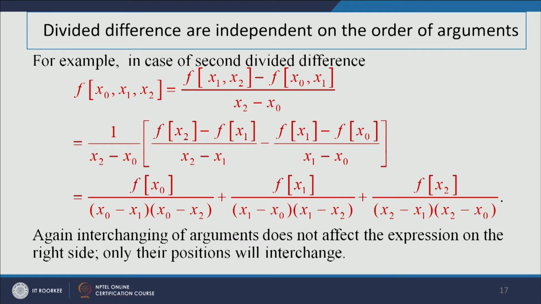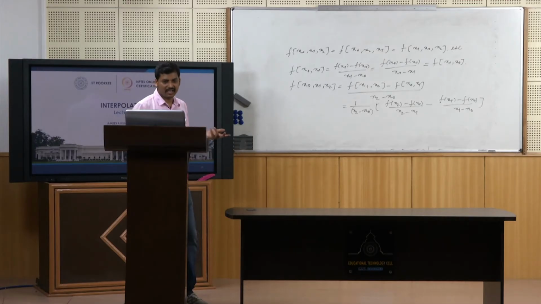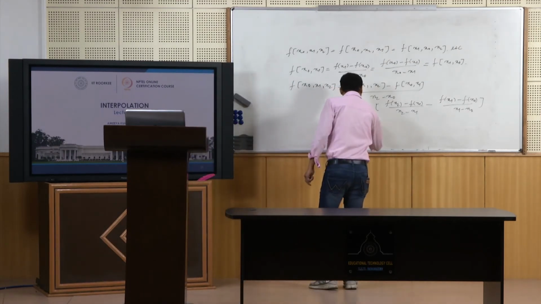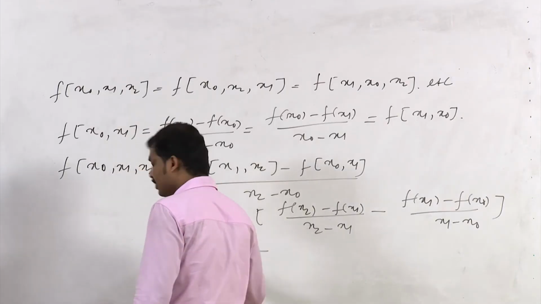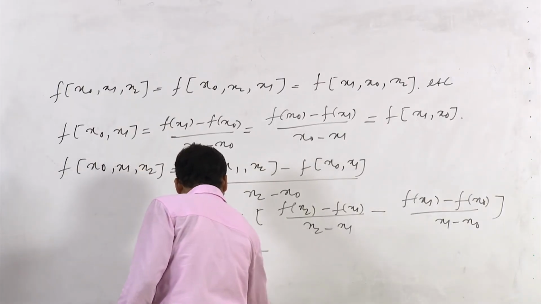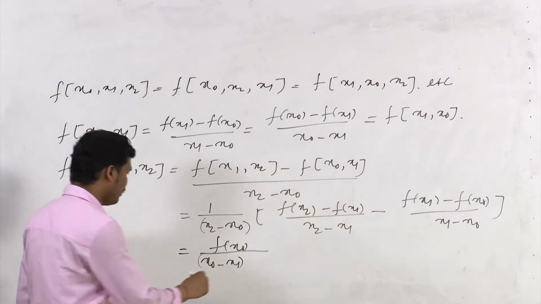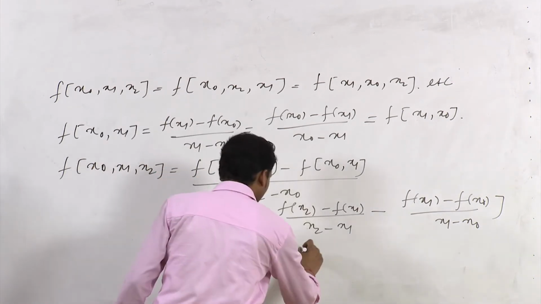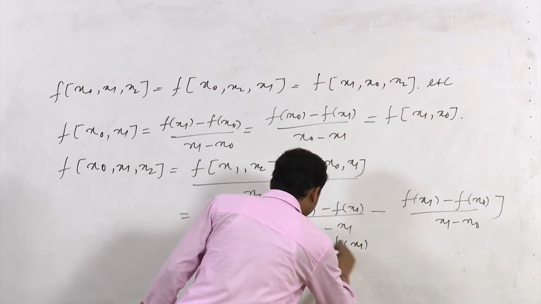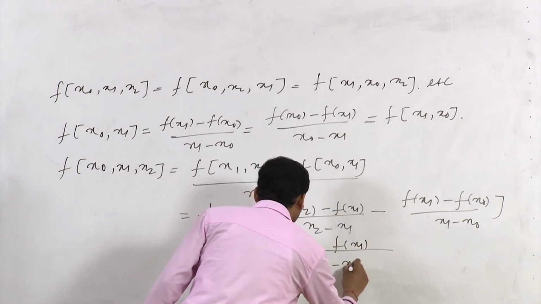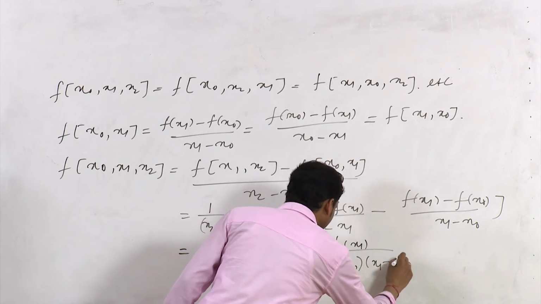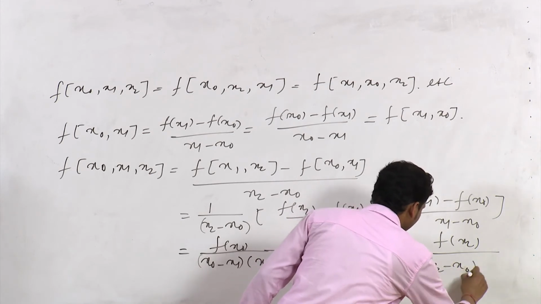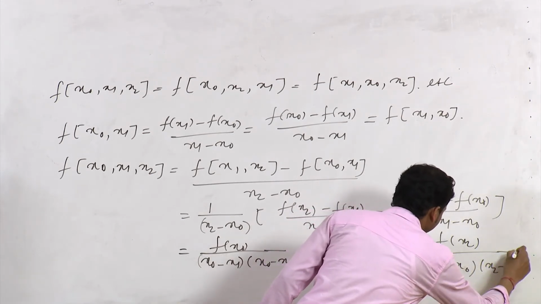And obviously, if we interchange these signs, we can write this complete statement in the form of f of x0 divided by x0 minus x1, x0 minus x2, plus f of x1 divided by x1 minus x0, x1 minus x2, plus f of x2 divided by x2 minus x0, x2 minus x1.